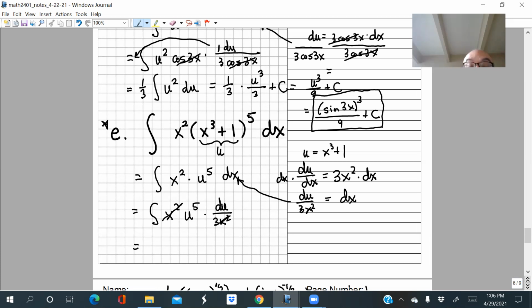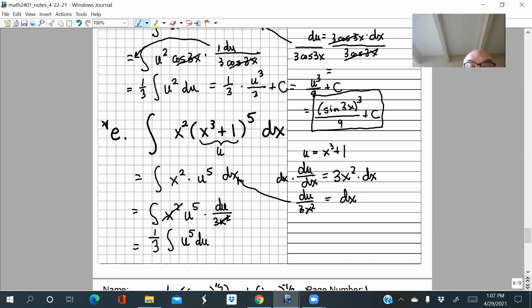Not 3, because this is over 3, right? So I don't get 3 in front, but what do I get in front? Oh, 1/3. 1/3, right. So I have 1/3 antiderivative of u to the 5th power du.